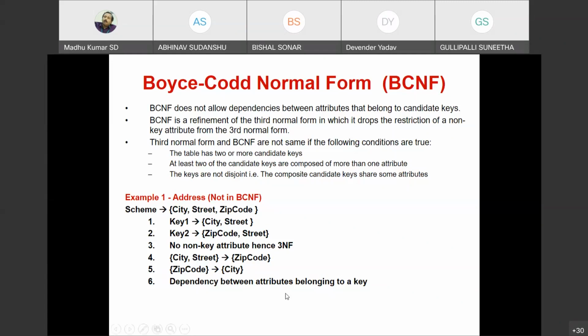Sir, can you explain this once more, sir? Yeah, here we find that even though city street determines the zip code, actually the pin code corresponds to the city.